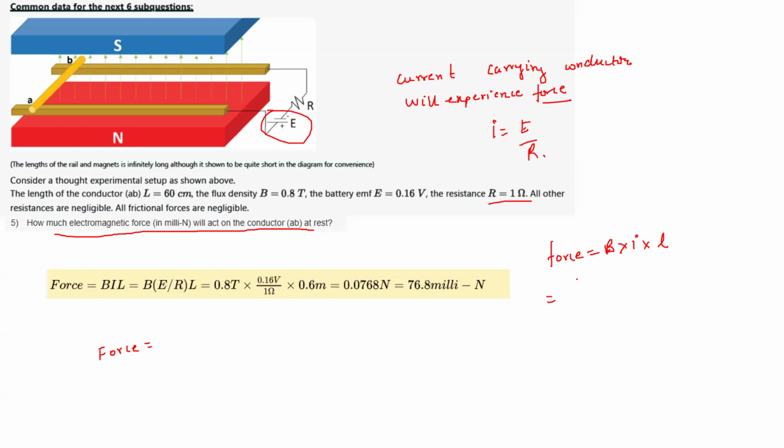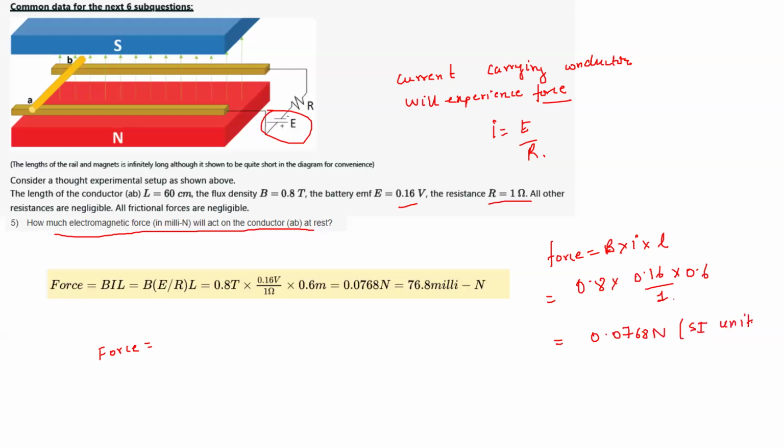So we know B is 0.8. Current due to E and R will be 0.16 by 1 ohm, E is 0.16 volt and R is 1 ohm, into L. L is 60 centimeter. If you do this, you will get your answer as 0.0768 Newton in SI units.